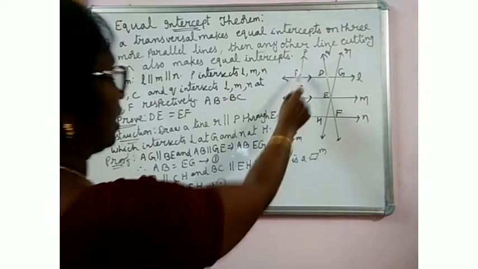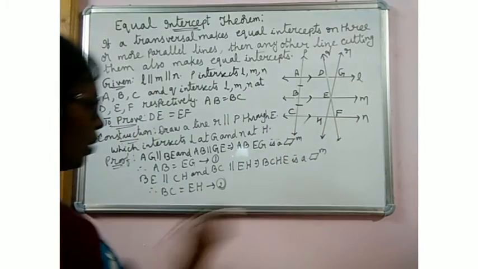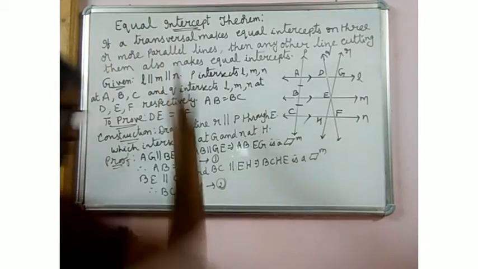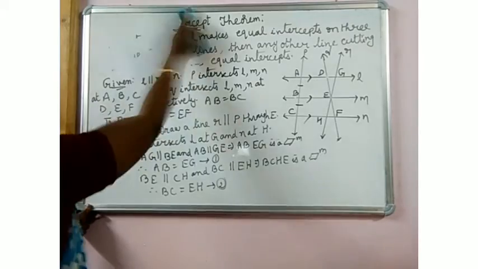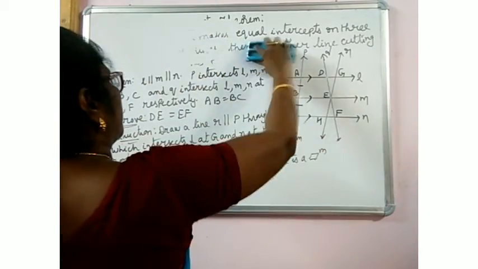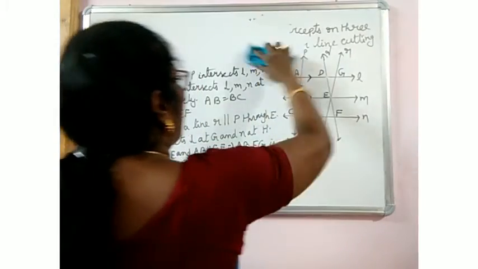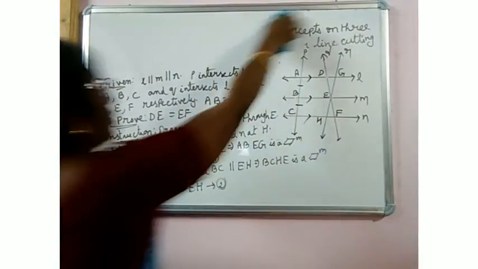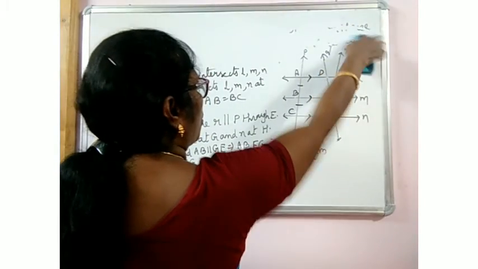So we have shown that AB is equal to EZ, and BC is equal to EH. But we know that AB is equal to BC. Therefore, EZ is equal to EH.